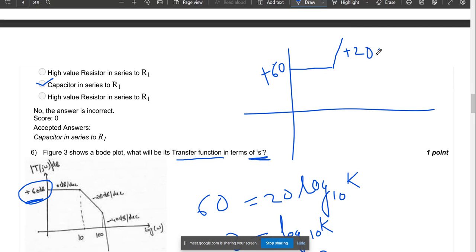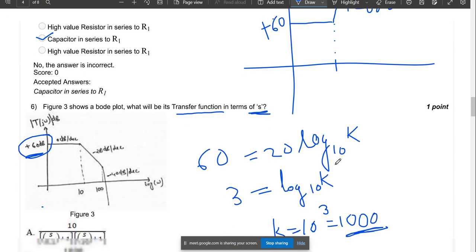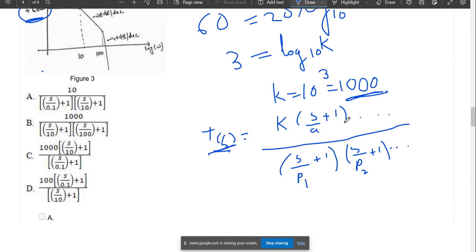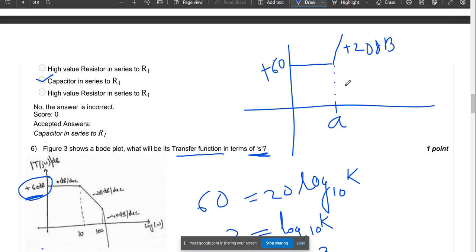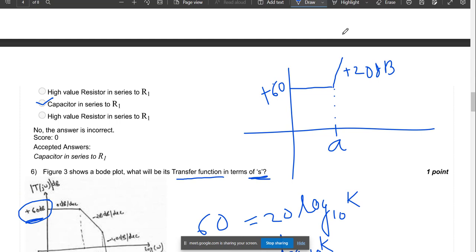It will be plus 20 dB here, and the zero will be here at A, in the form S by A. If another zero is added at B, the slope will become plus 40.